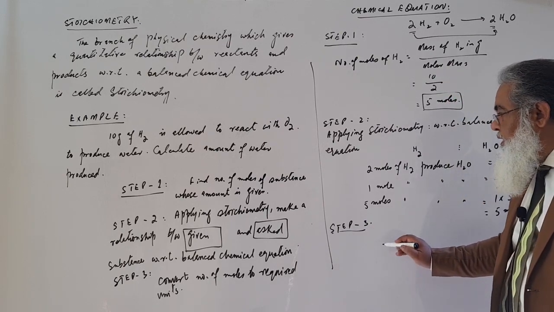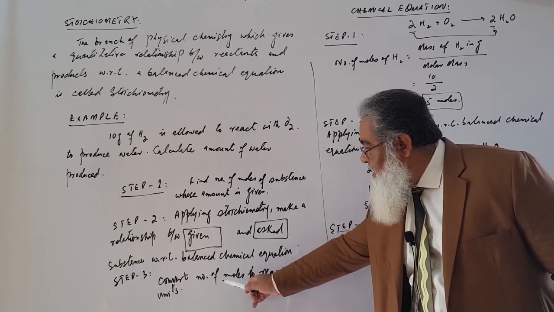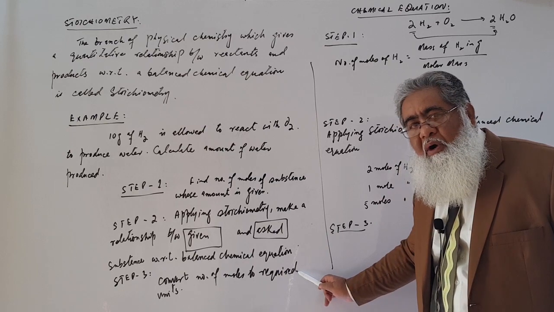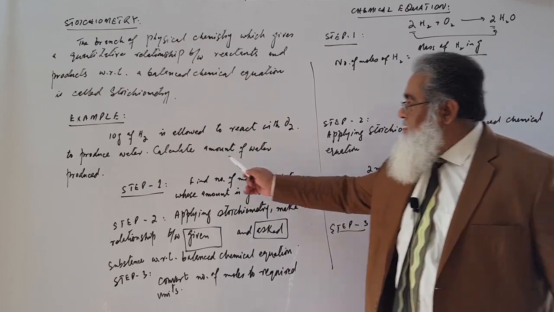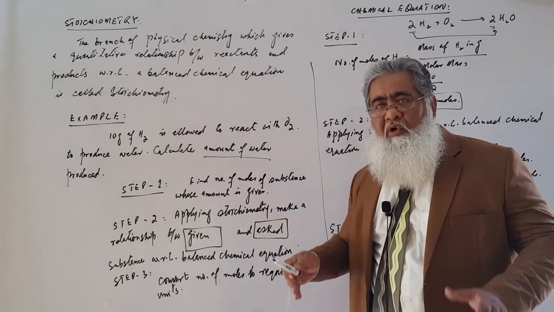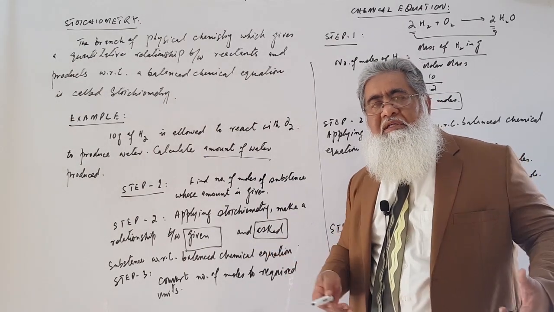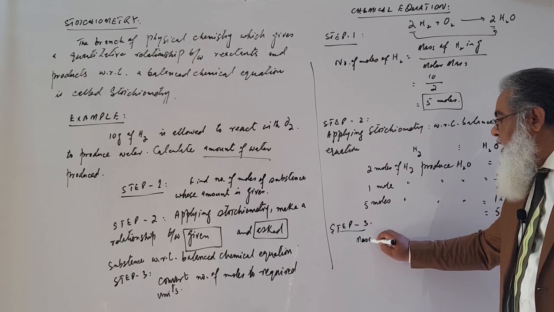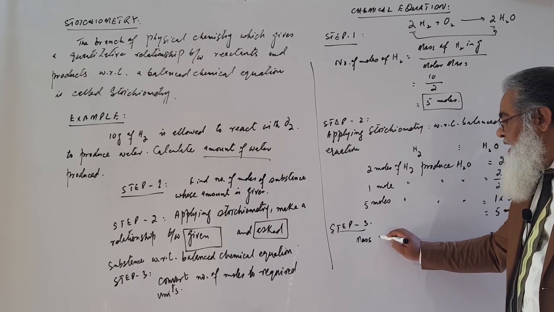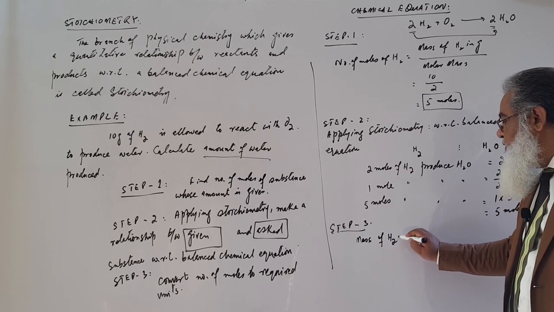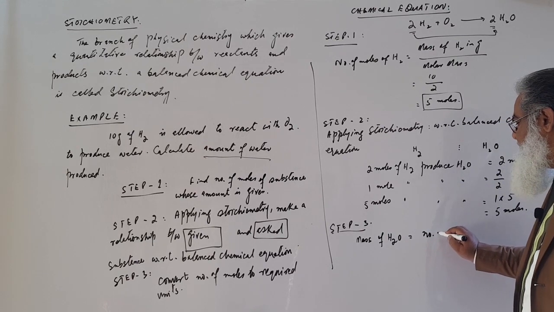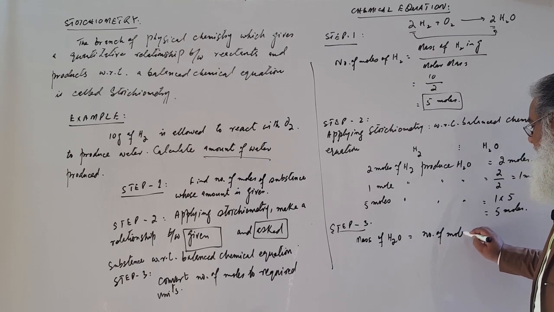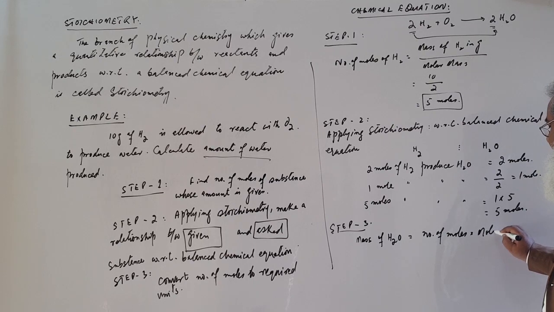With respect to this one, we have to convert the number of moles to the required units. As the amount of water is asked, and amount is always in grams, therefore we convert these moles into grams. The formula we have already studied: mass is calculated by number of moles into molar mass.